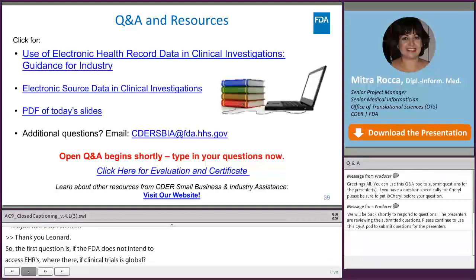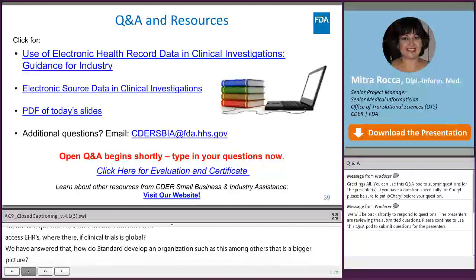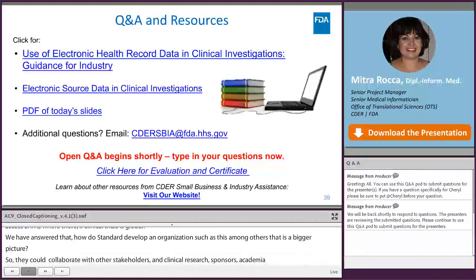So SDOs such as HL7 and CDER could collaborate with other stakeholders in clinical research, sponsors, academia, sites, EHR and EDC vendors, and other vendors whose software or hardware is used in clinical investigation to conduct pilot projects.